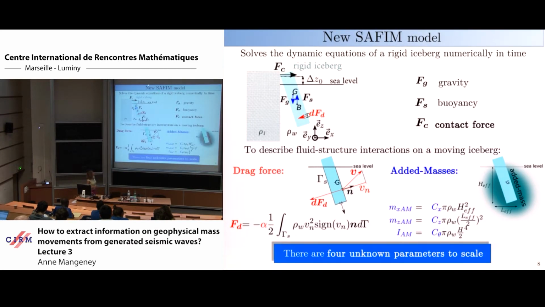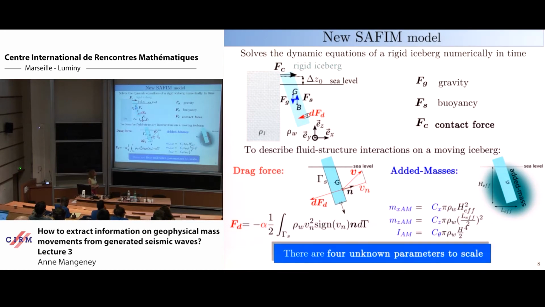So if I go to our simple model, I call it SAFIM, here you had the iceberg, remember, and it has a contact force with the glacier. The forces are gravity, buoyancy, and the contact force here. And the fluid structure model is described as follows. You have the drag force, and it is really an open question for complex structures.